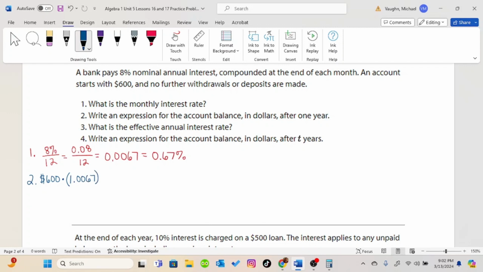The 1 represents maintaining the $600. The 0.0067 represents the monthly interest rate. And we would take that to the power of 12 because there's 12 months in a year.